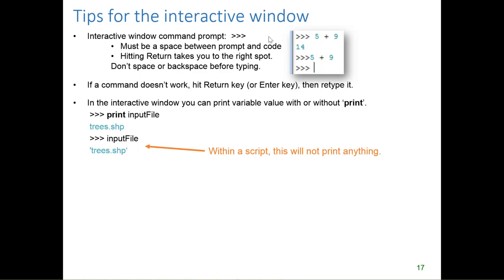But if you've got this variable assigned in your script, and you say print input file, it'll print it out in the interactive window when your script is running. But if you just say input file in the code that is running in a script, it's not going to print anything out in the interactive window.